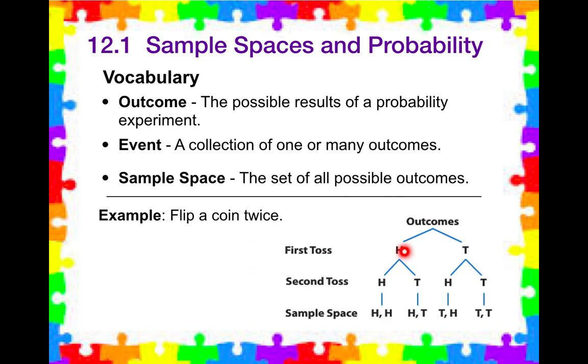If it goes heads and then heads again, we call that the outcome heads, heads. If it comes out heads and then tails, we call that heads, tails. Likewise, we have tails, heads, and tails, tails. Those are the four possible outcomes, and that's the sample space. We call this diagram a tree diagram. It kind of looks like a bushy tree, and we go down from each outcome to each next outcome.